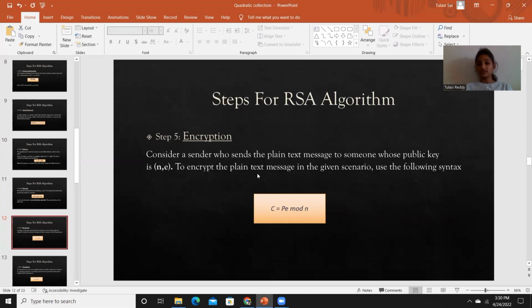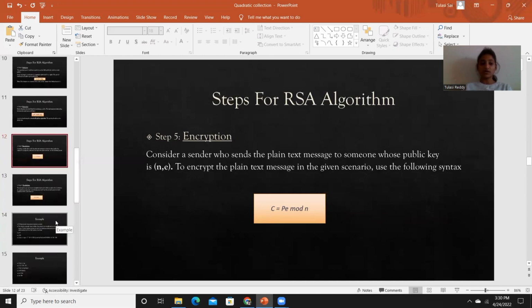To encrypt the plain text message in the given scenario, use the following syntax: C equal to P power E mod N. This is the encryption formula. We get the value C, the cipher text: C equal to P power E mod N.